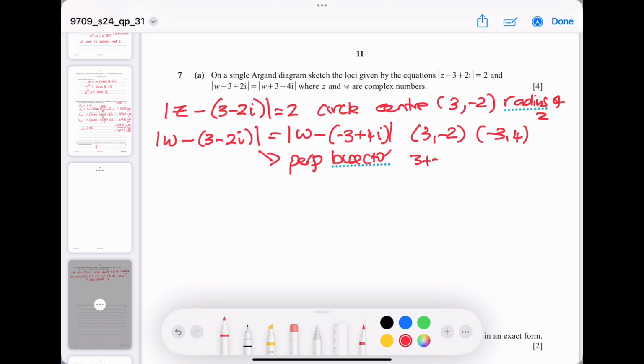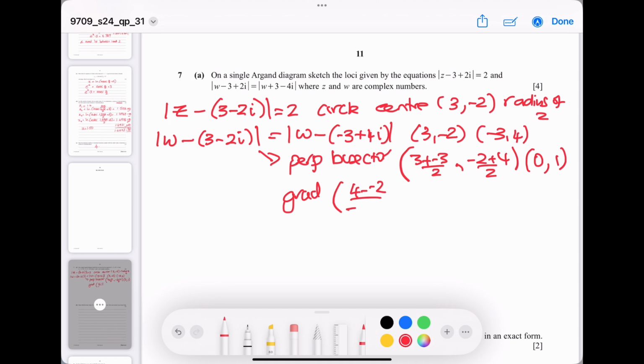So it would be 3 plus negative 3 over 2, negative 2 plus 4 over 2. That would be 0, 1. And then the gradient of those two coordinates: 4 minus minus 2 over negative 3 minus 3, which would be 6 over negative 6, which is negative 1. So the perpendicular gradient would be 1.